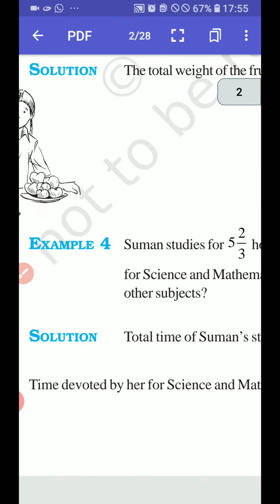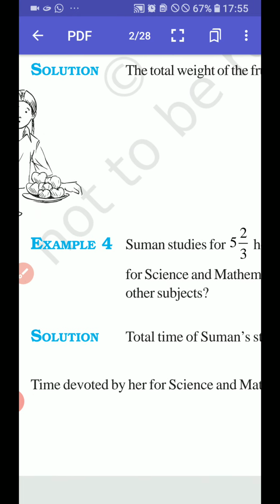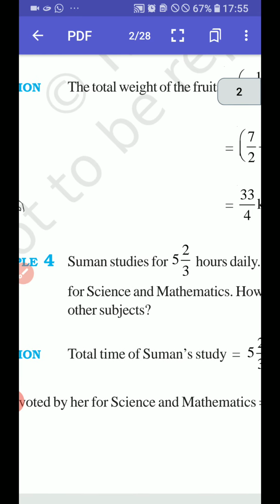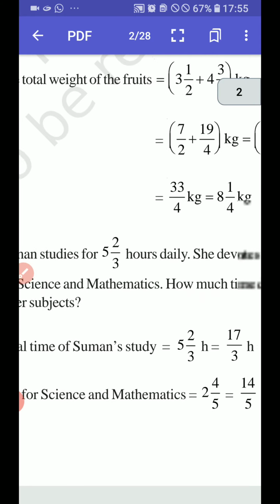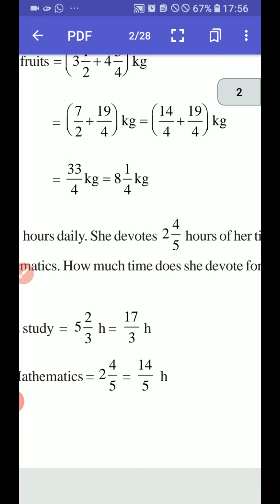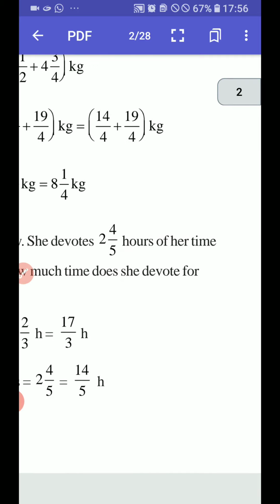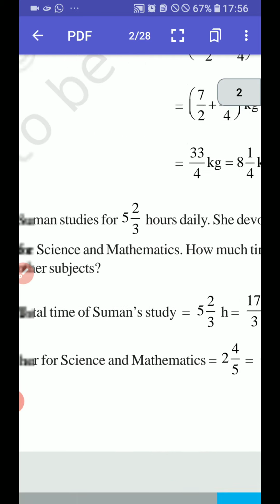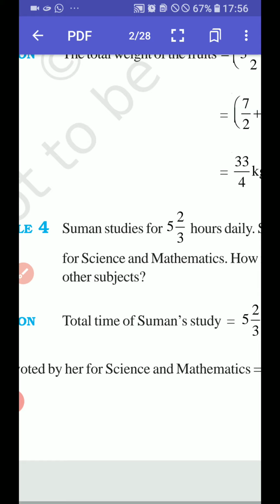Now come to example number 4. Suman studies 5 whole 2 by 3 hours daily. She devotes 2 whole 4 by 5 hours of her time to science and mathematics.